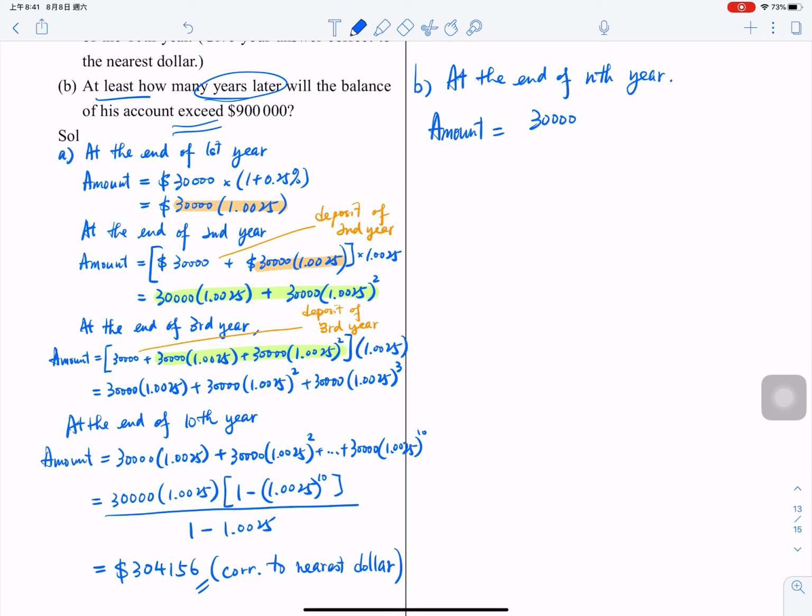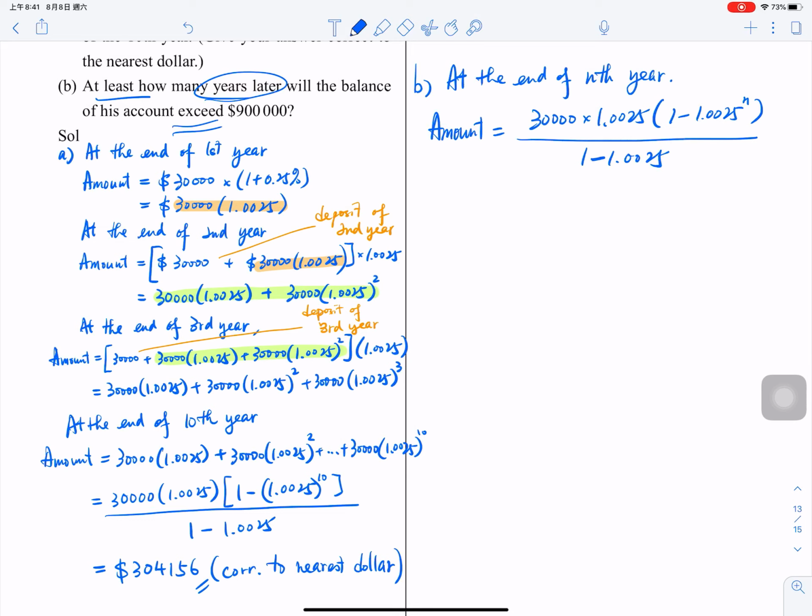So this time not difficult. 30,000 times 1.0025 and then times 1 minus 1.0025 to the power n, all together over 1 minus 1.0025.